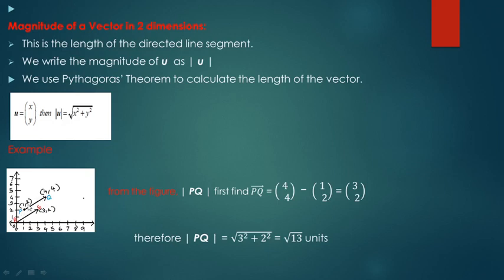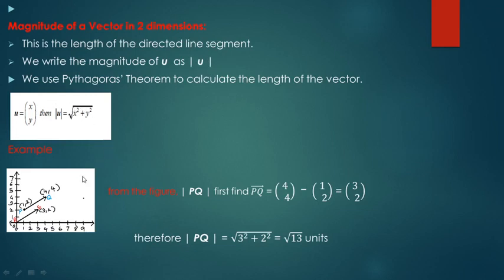A magnitude is the length of a directed line segment. The magnitude of u is represented as u with vertical lines in between. Vertical lines are what we call magnitude.